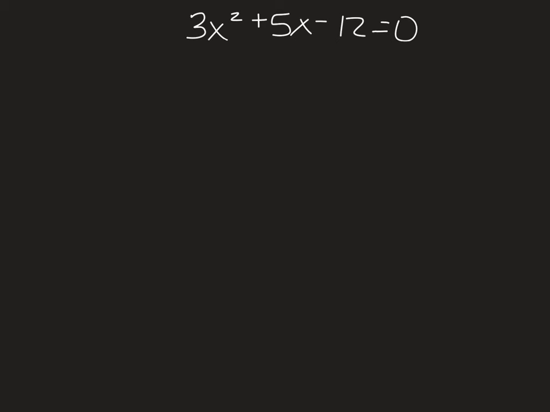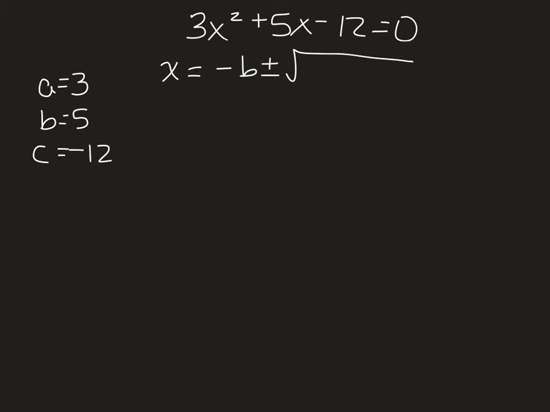Okay, so let's go ahead and talk about what our A, B, and C are. A would be 3. B would be 5. C would be negative 12. All right, let's plug it into our formula. That formula, same thing, I write it down every single time. x is the opposite of b plus or minus the square root of b squared minus 4ac, all over 2a.